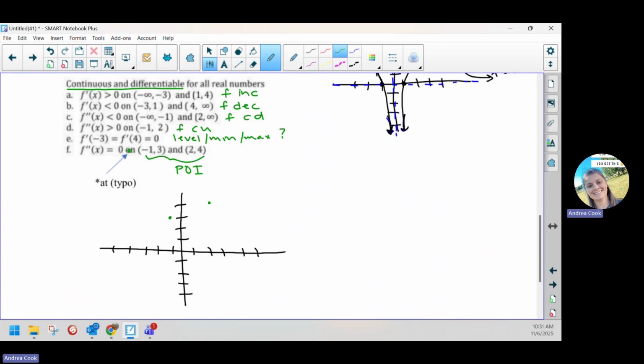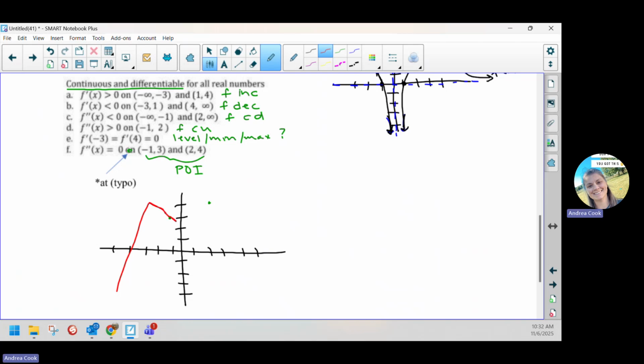And then I'm going to do my increasing and decreasing first before I do concavity. So I'm going to go from negative infinity to -3, which is right here. I'm increasing. And then from -3 to 1, I'm decreasing, but I have to go through that green dot.